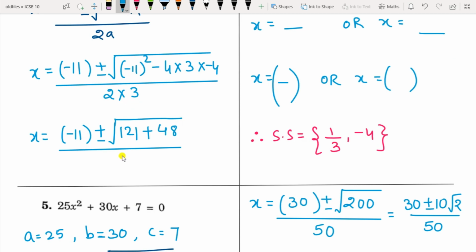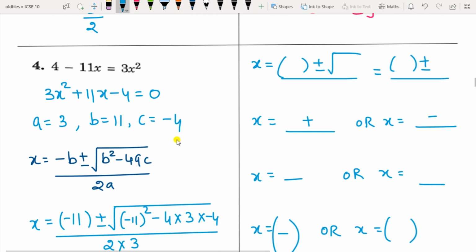Divide by 2 threes are is 6. Now 121 plus 48, it is 169, and minus 11 as it is, and divide by 2 threes are is 6. 169 is the perfect square of 13, the whole divided by 6.